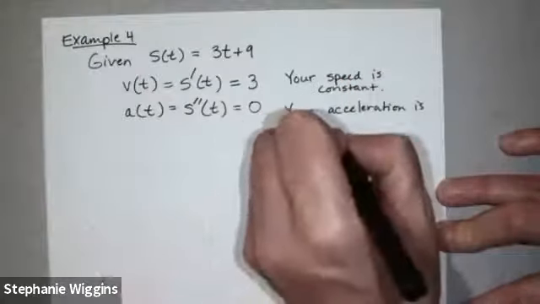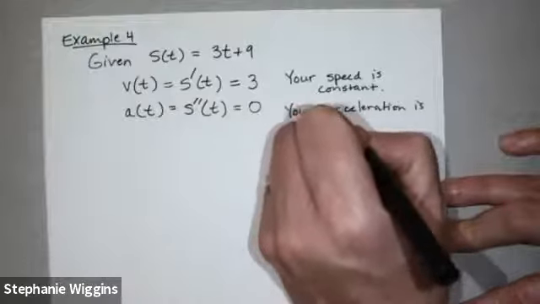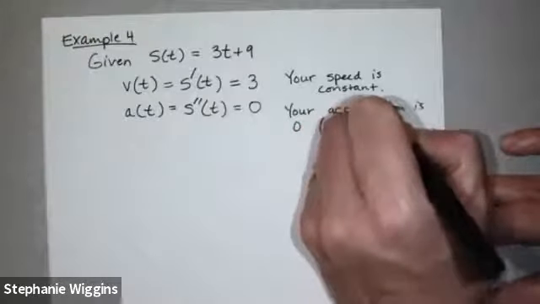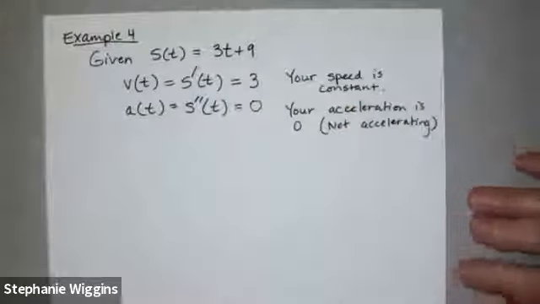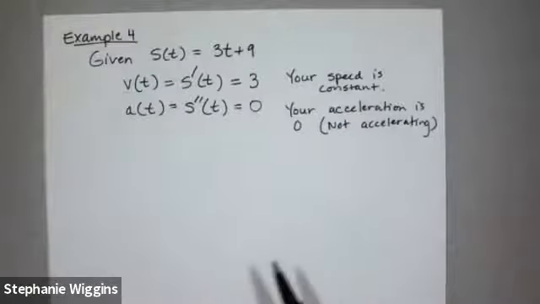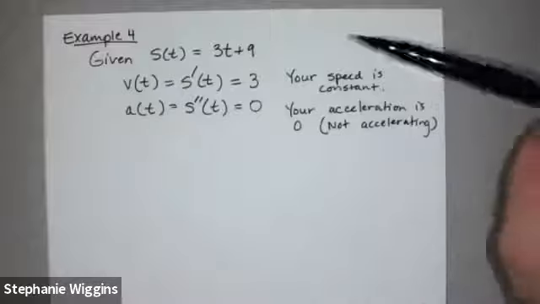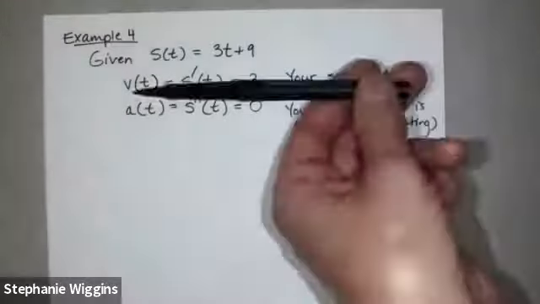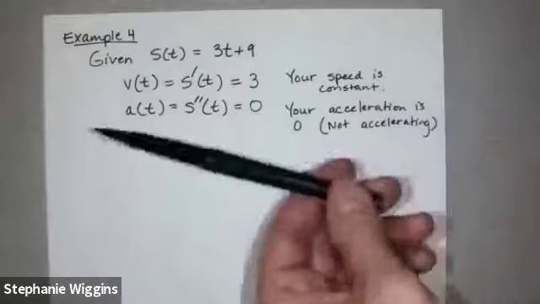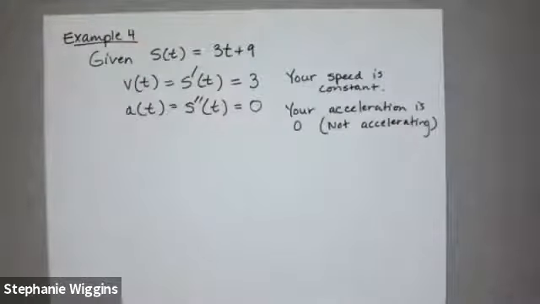That means you're not accelerating. It's a very simple problem, but I just wanted to mention what it means when you're talking about position. The first derivative refers to the velocity. The second derivative refers to the acceleration.